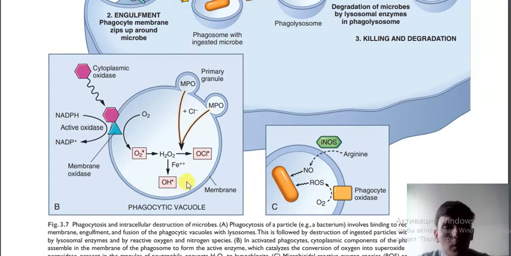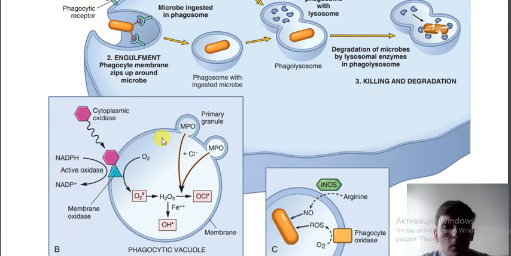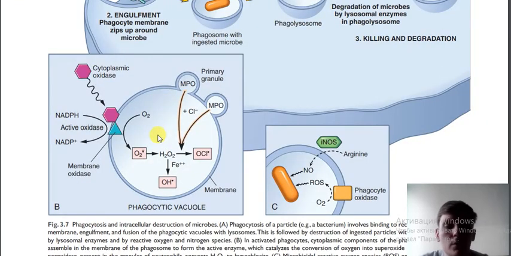Also, don't forget that these lysosomes use reactive oxygen species. And reactive oxygen species are produced in this way. They might be produced in specific pathways.